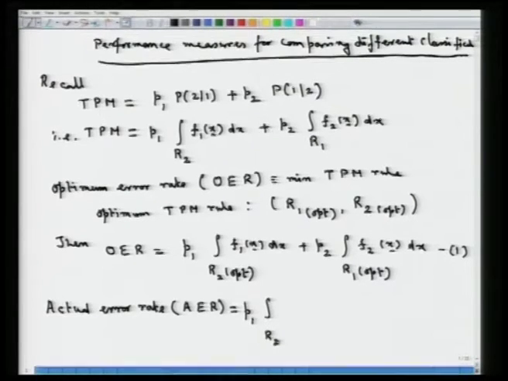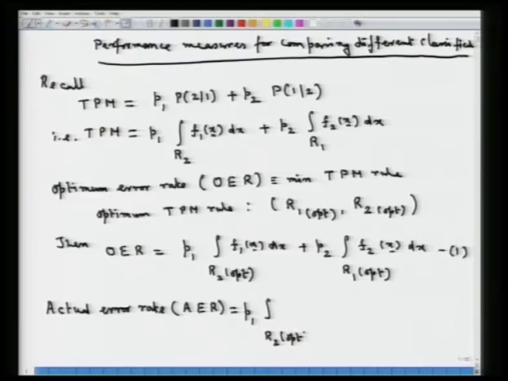Instead of writing R1 opt and R2 opt, we write R1 opt hat and R2 opt hat, that is, the estimate of that particular region based on the sample data in the learning sample. So, the second term is the integral over R1 opt hat of F2(x) dx.